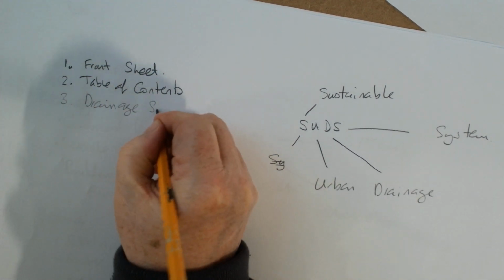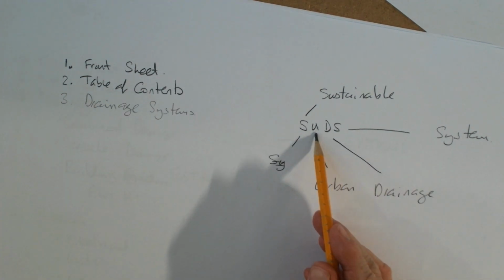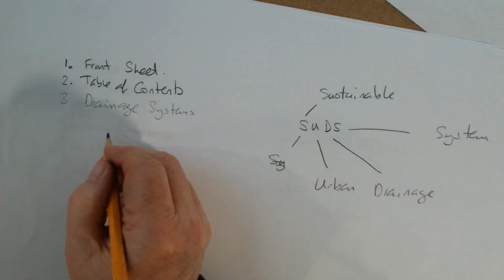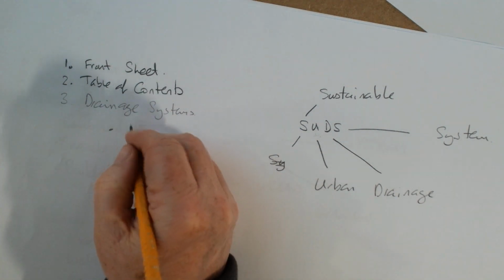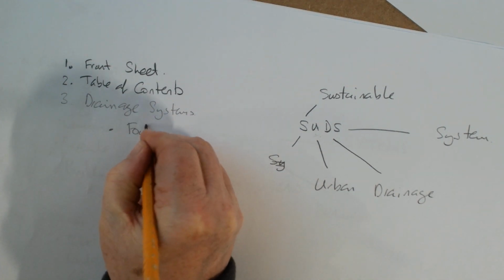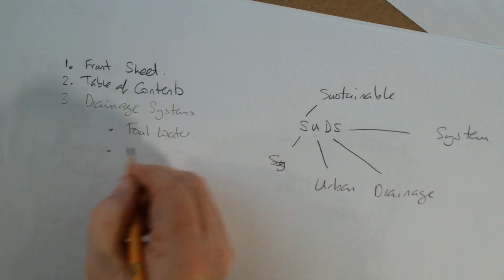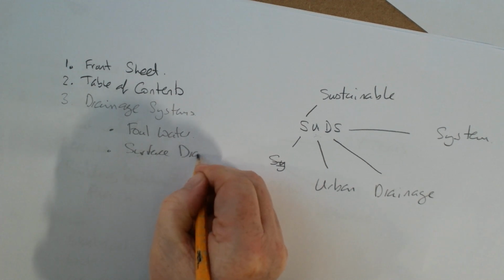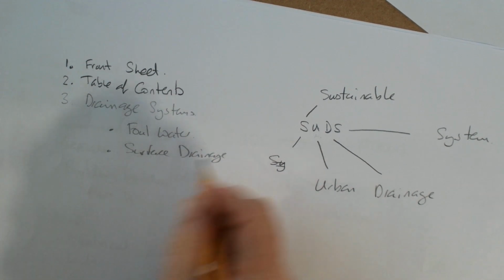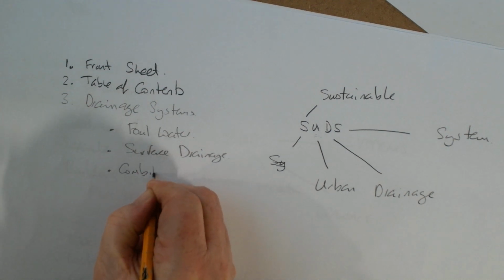Drainage systems. So what I would call more traditional drainage systems, which is a system that we used in this country prior to the introduction of SUDS. We're talking about foul water and surface drainage. What you need to talk about with them is, do we combine them?